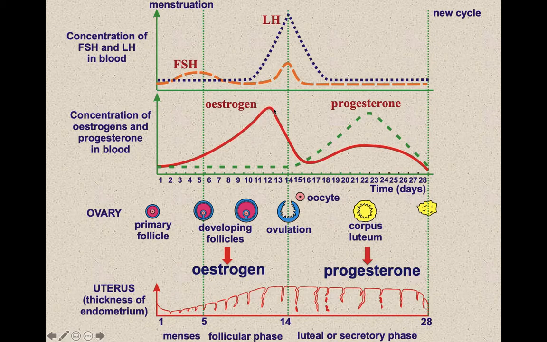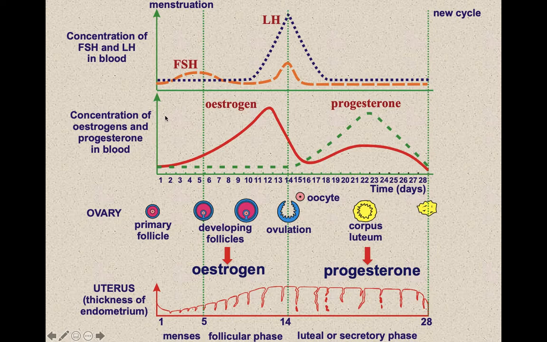If the line is going down, it means the concentration is getting smaller, so there's less of that hormone in the system. And if the line is parallel, it means the amount of hormone does not change. So those lines tell you essentially a story about how these 4 hormones contribute to controlling your menstrual cycle.